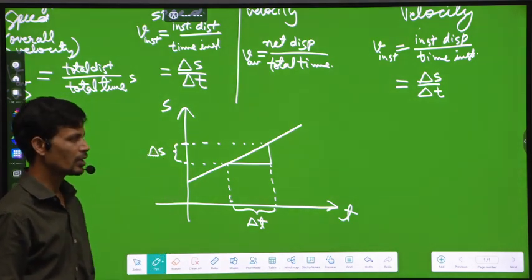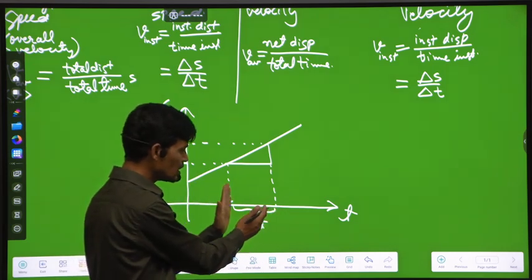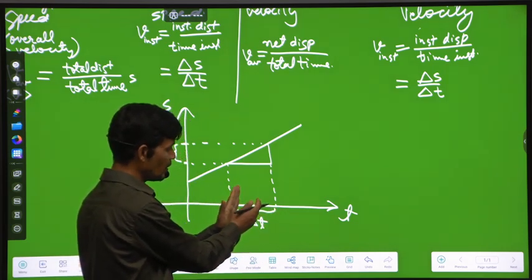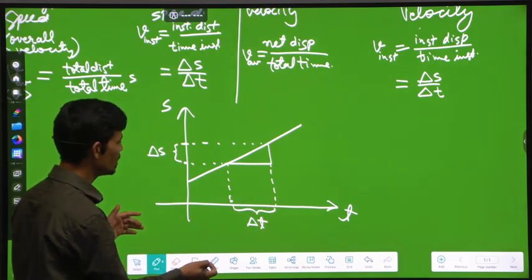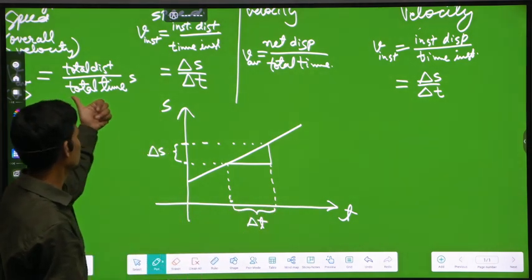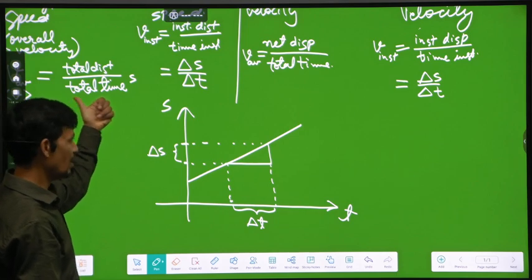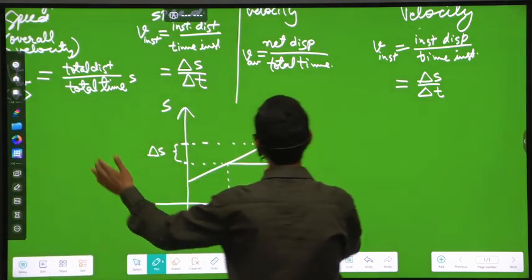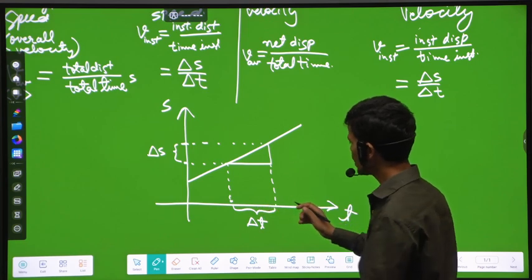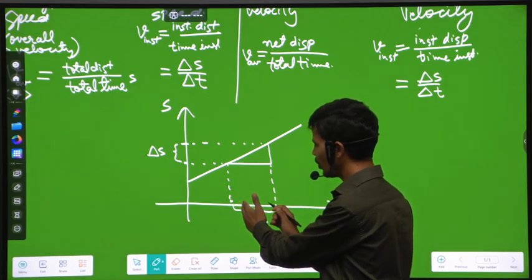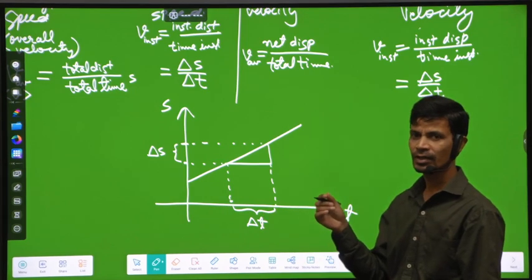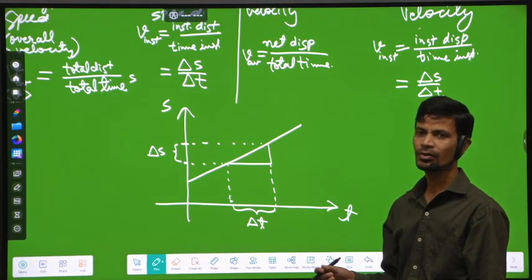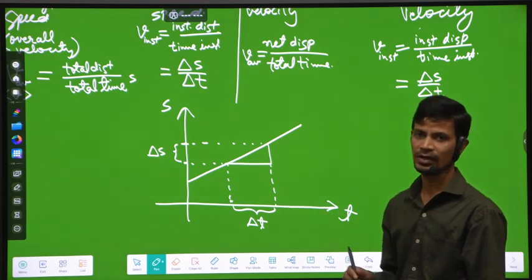If we reduce this time interval, if it is appreciably greater, then that will be average speed or average velocity. But if it is smaller and smaller, then we can give a precise value of instantaneous velocity.